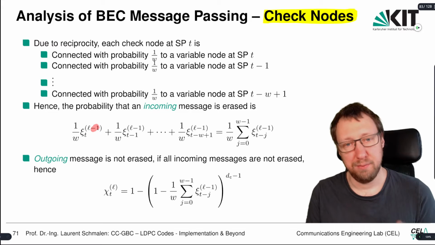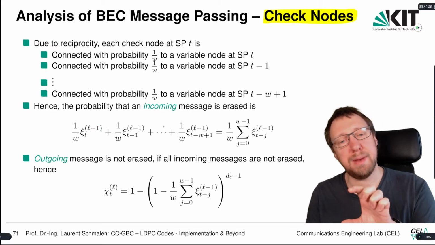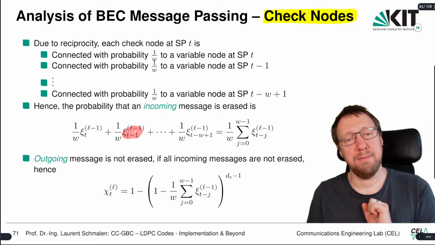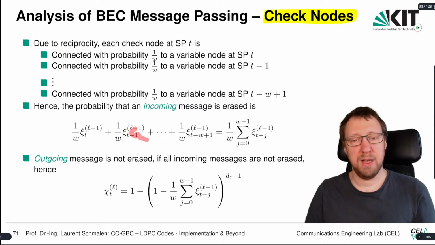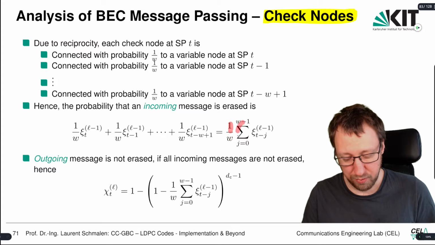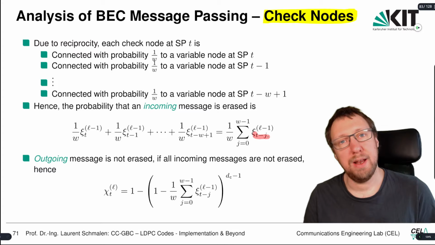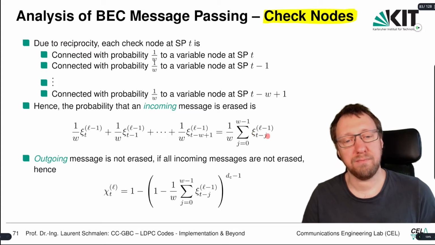The edge comes from t minus 1 with probability 1 over W, and that message is erased with probability c_{t-1}^{l-1}, and so on. Again, it's the average: 1 over W times the sum, with j going from 0 to W minus 1, of c_{t-j} at iteration l minus 1.